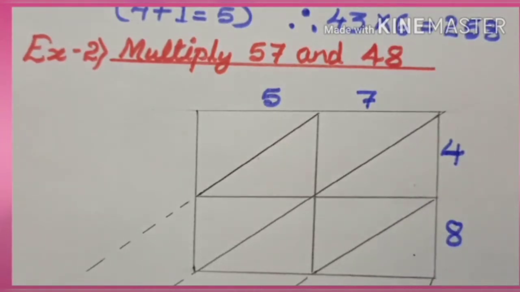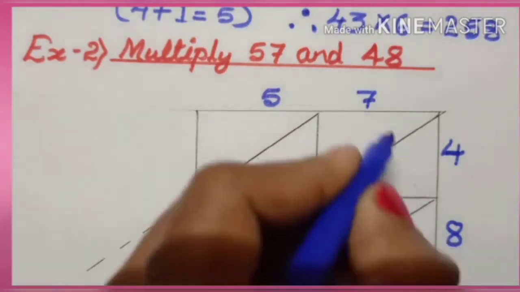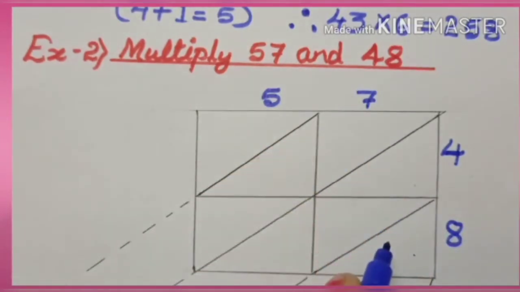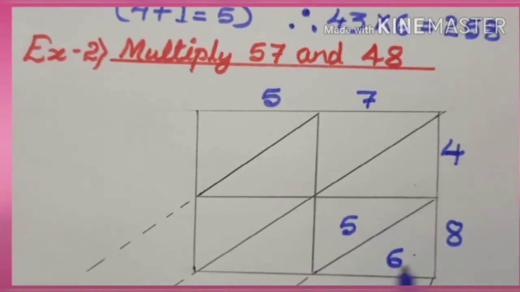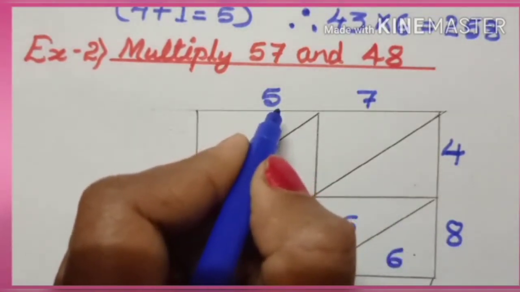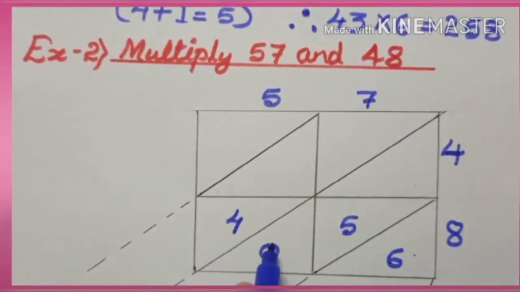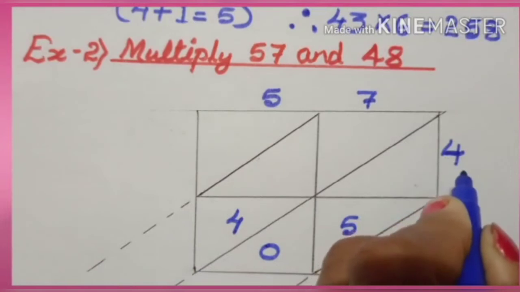Now multiply the units. 7 8s are 56. Right? 56 in the box. Now 8 5s are 40. Right? 40.